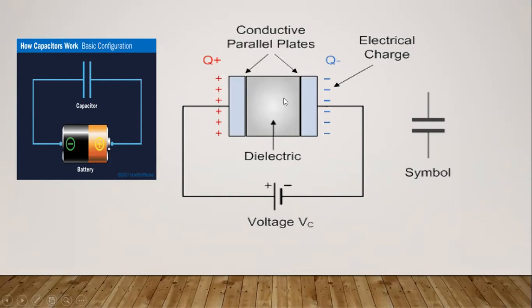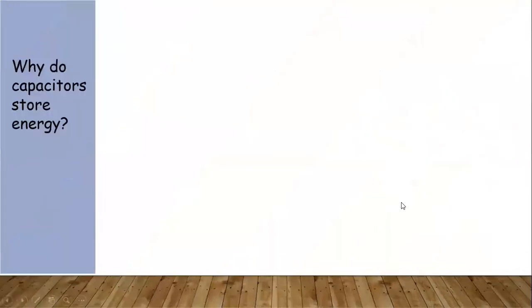And because there is a dielectric between them, this positive and negative charge obviously attract each other, and due to this electrostatic force they remain in the capacitor unless they are discharged. And there is a dielectric between them which just prevents them from touching each other. And this is again the symbol of the capacitor.